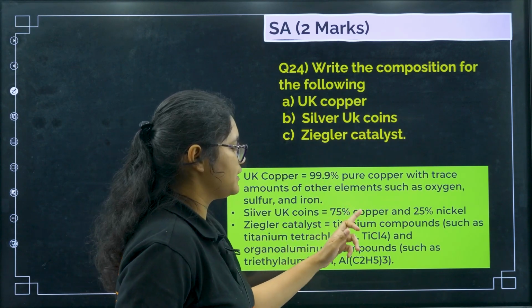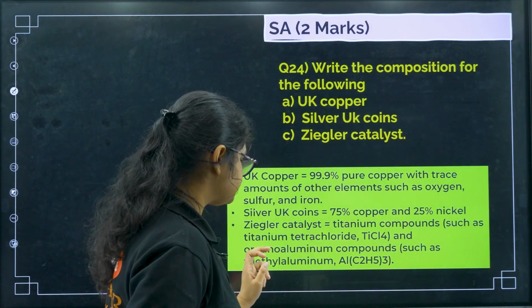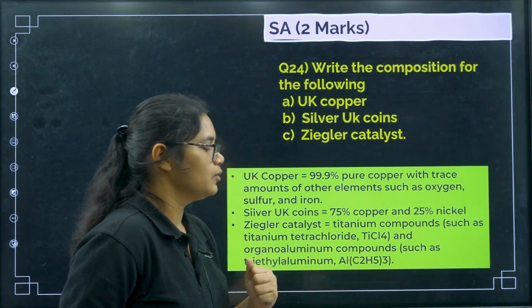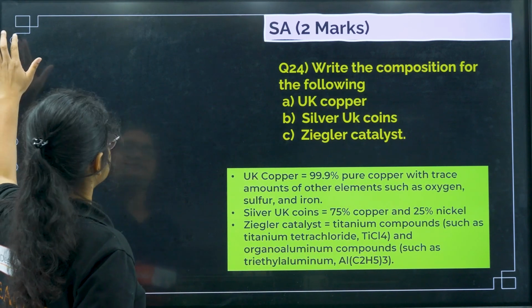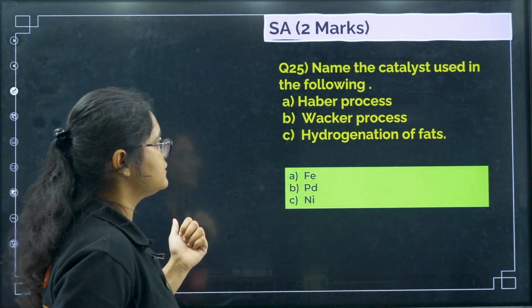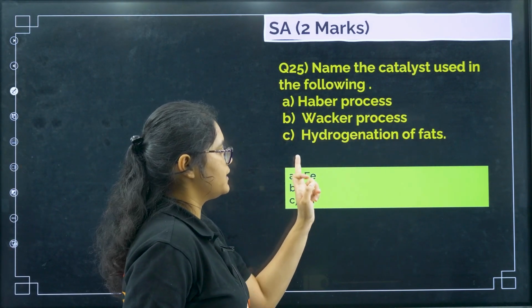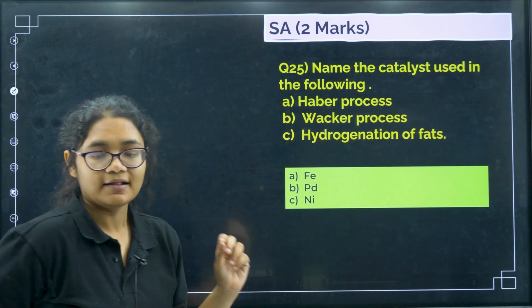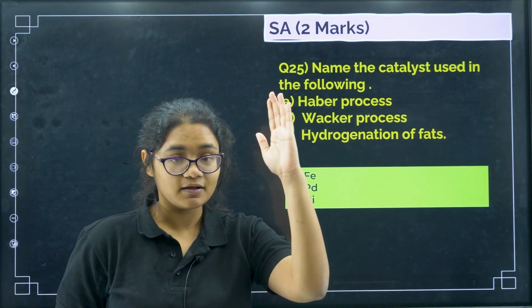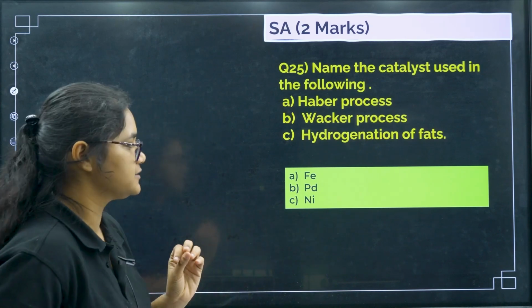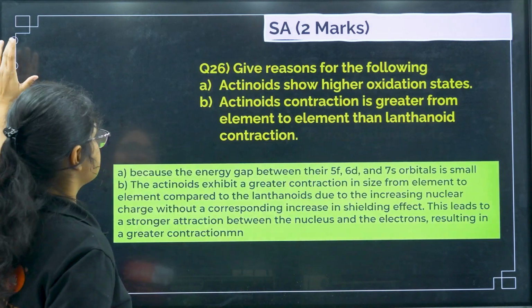Ziegler-Natta catalyst has titanium compounds and organoaluminium compounds such as Al(C2H5)3. Similarly, next, what are the catalysts used in different processes? Haber's process is iron, Wacker's process is palladium, hydrogenation of fats is nickel. This is given in the applications of your d and f block compounds. So please read those applications properly, you will get these things there.